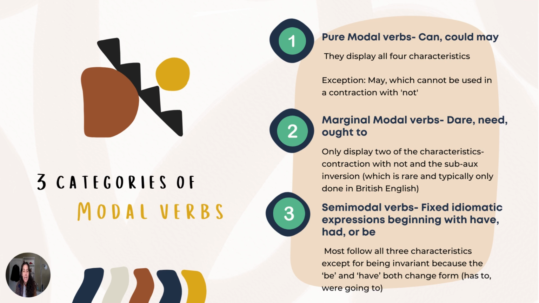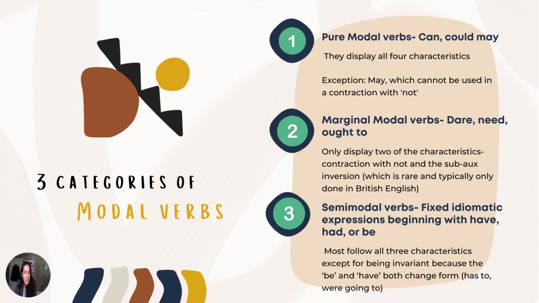So what they're saying here is, these modal verbs they're on the side of being modal verbs, but they only follow 2 of the rules. So they follow the contraction with not, and they switch when they are in a question, right? The subject and the modal verb switch.